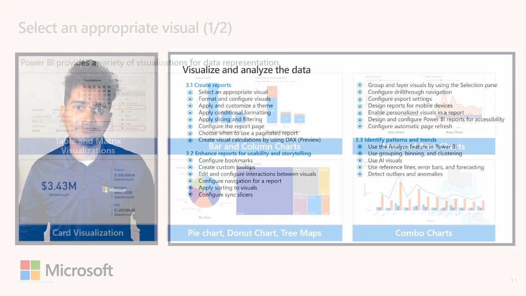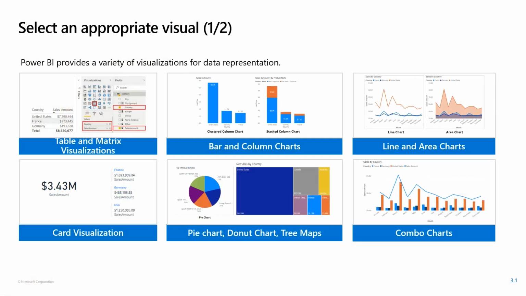The data visualization process is taking raw data and transforming it into graphical or pictorial representations to allow end users to gain insights from it. The types of visuals one should be aware of are tables, bar and column charts, line charts, cards, pie or donut charts, and combo chart visualizations.